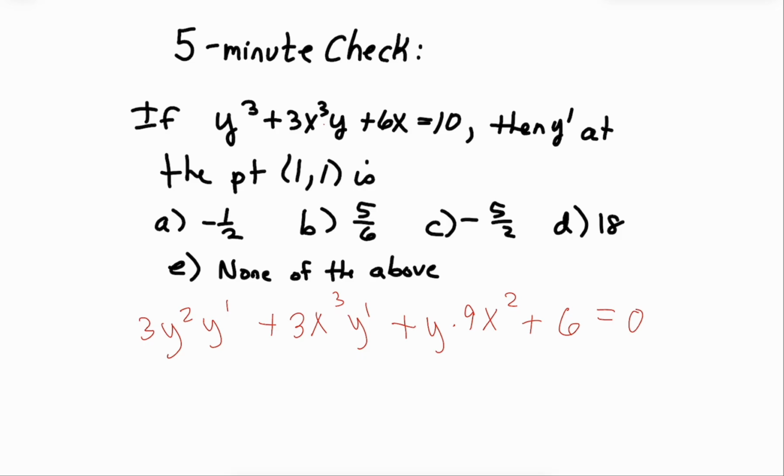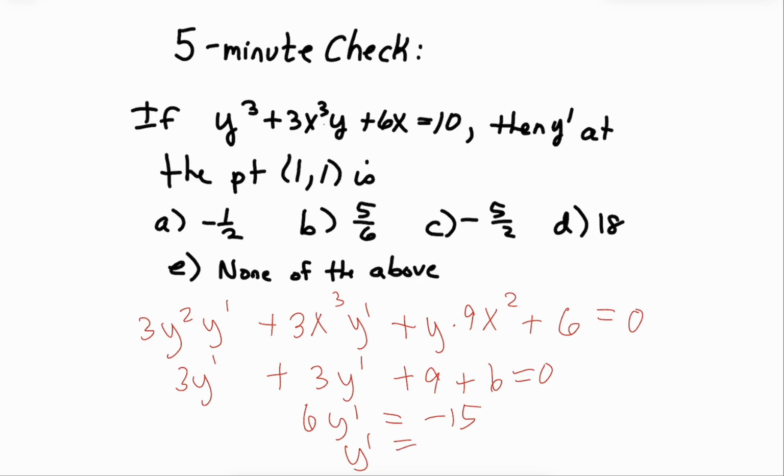But since they are telling us that this is happening at the point 1, 1, every place that we see an x or a y, replace it with 1. So we get 3y prime plus 3y prime plus 9 plus 6 equals 0, which is 6y prime equals negative 15.